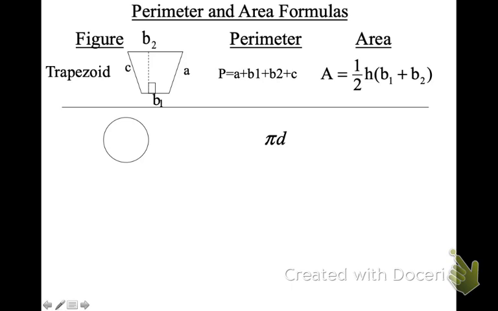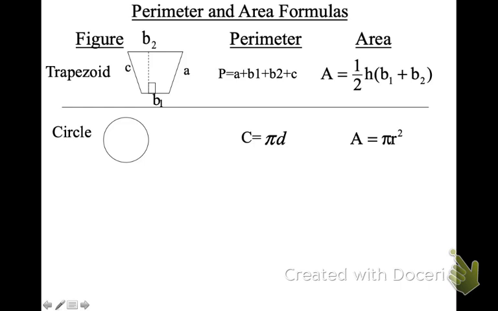Now that's pretty advanced, but I thought I'd throw these in there because at some point during the year you may be encountering them. Now the last shape that we're going to talk about is a circle. For a circle, we have a special name for the perimeter and we call it circumference.